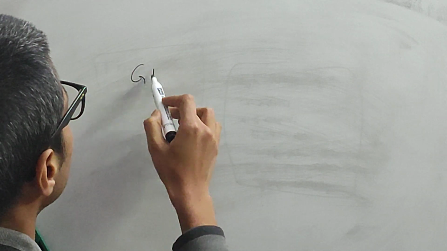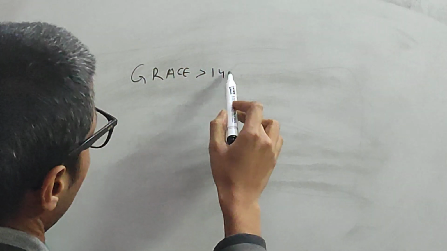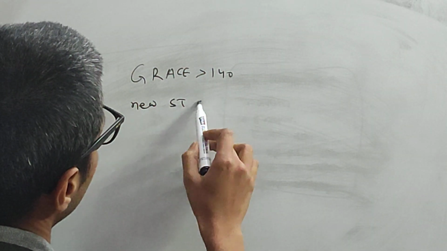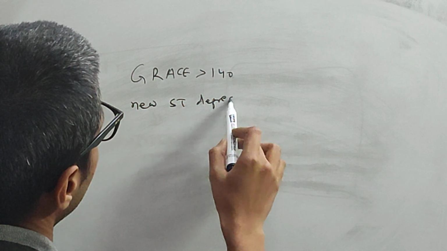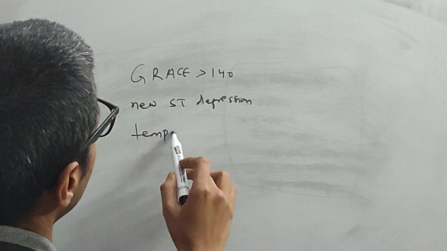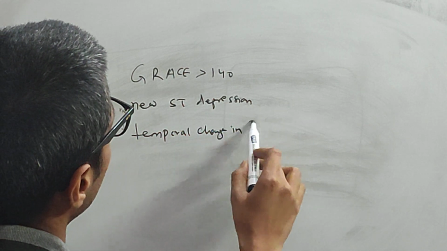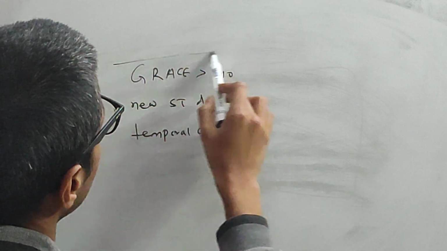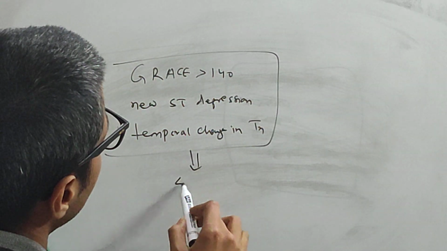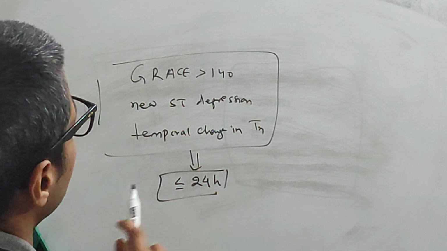And let's suppose if GRACE score is greater than 140, or if you see new ST depression or temporal change in serum level of troponin, in these conditions you need to go for early invasive strategies, meaning intervention within 24 hours.